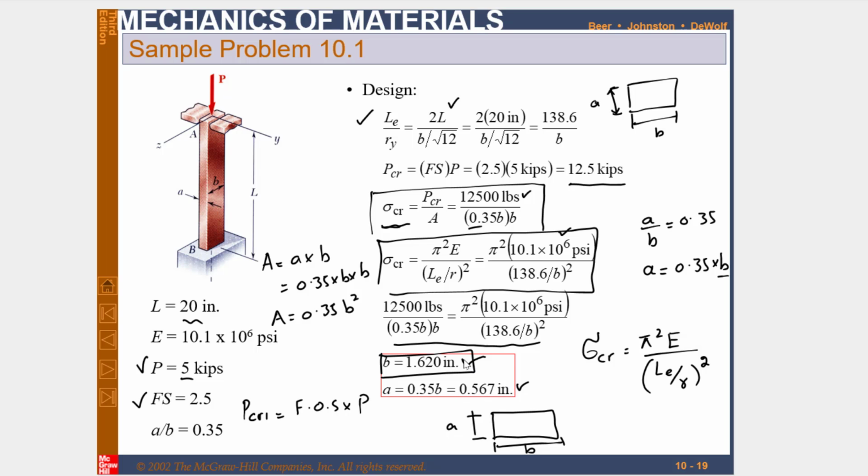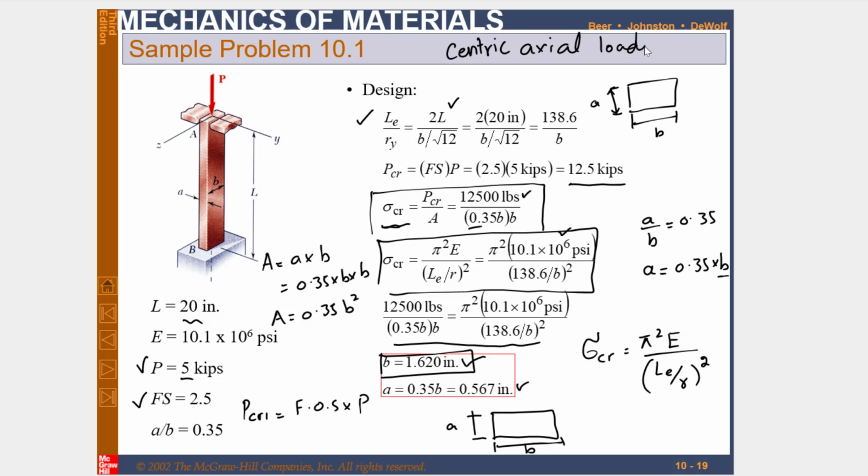And that was all about the Euler formula for different types of columns with different end conditions. And one more thing: all that we have done is limited to centric axial loading.